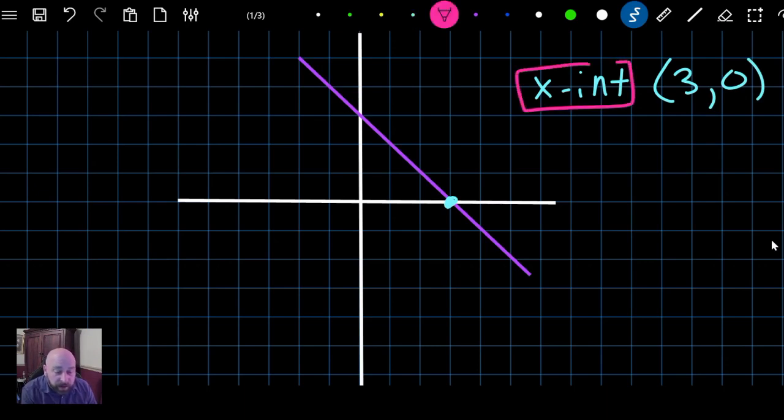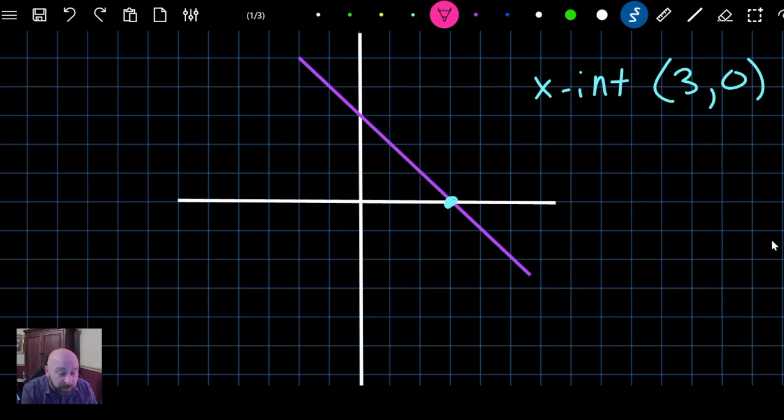Notice whenever you have an x-intercept, the y is always going to be 0. That's really important because that actually helps us figure out the x and the y-intercept when we don't know it. So later in algebra, you're going to need that concept. You're going to have to understand that concept so that you can find the x-intercept or the y-intercept.